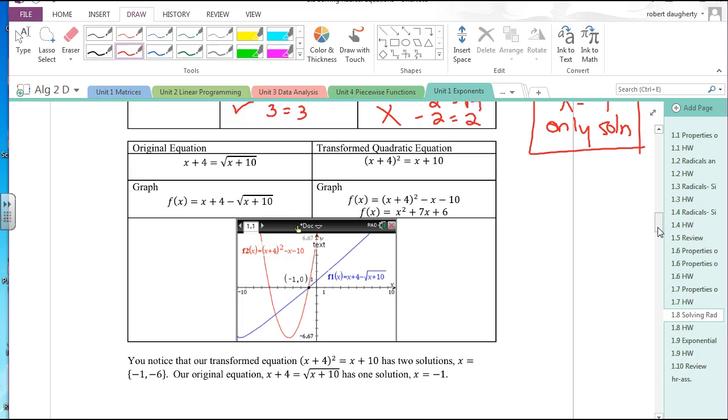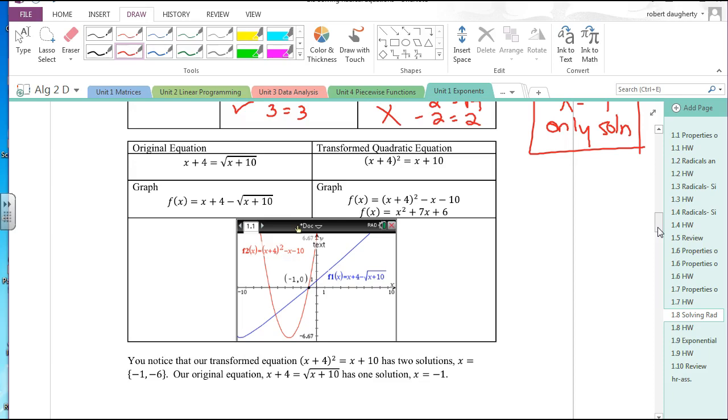When I graph this parabola, it crosses the axis twice. So I got -1 and -6. That solves the quadratic equation, but both of these numbers don't solve the radical equation. So when I got two solutions to the quadratic, I have to go back and check and see if they both work for my original equation. And I found that only one of them worked for the original.